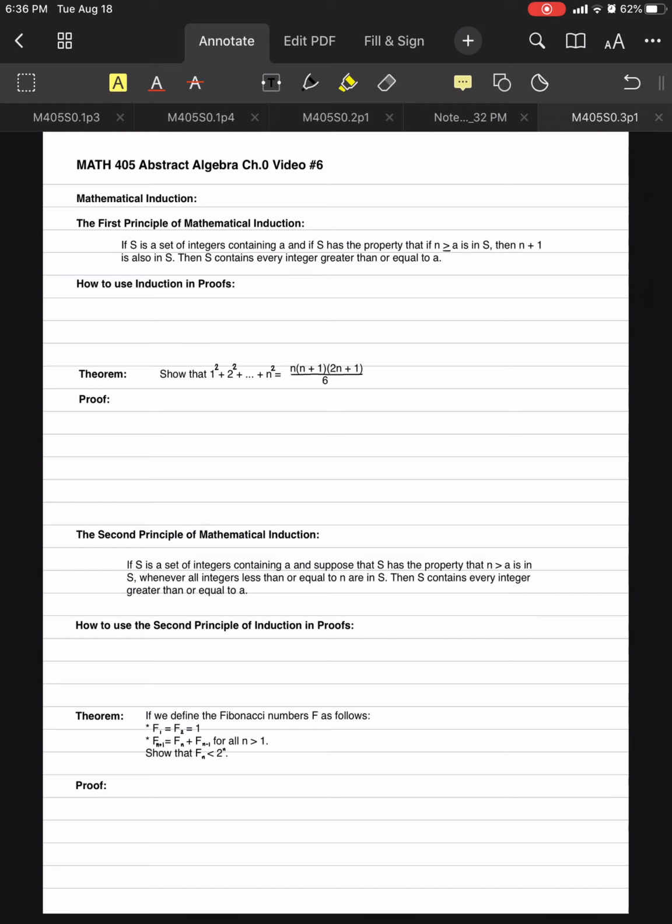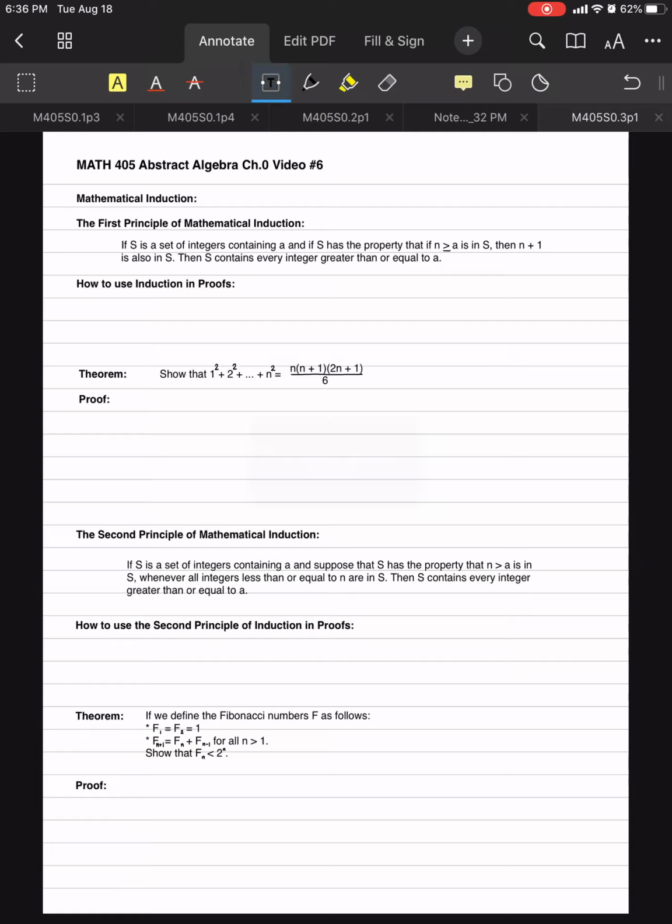So this is talking about sets, and as you might imagine, how you actually prove the principle of mathematical induction is using the well-ordering principle. The book doesn't go over that proof, and I'm not going to either. We're also not typically going to use this version of the principle of mathematical induction in actually proving things.